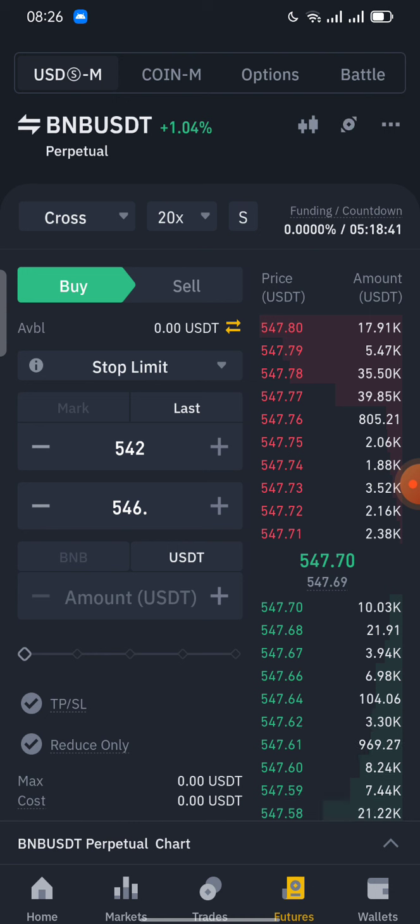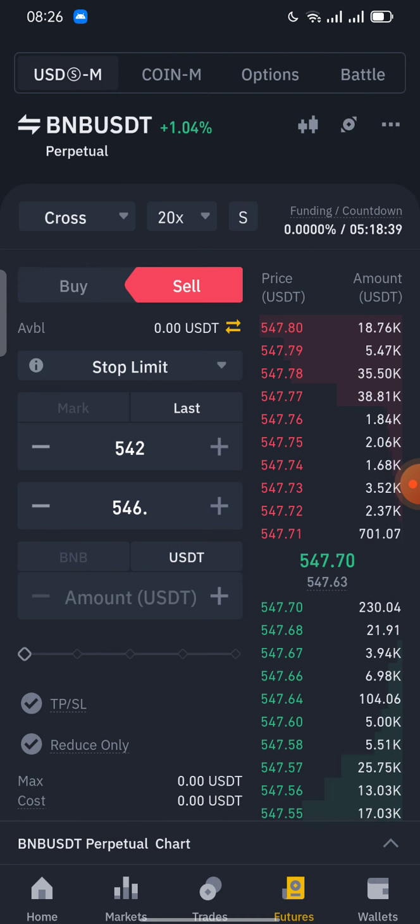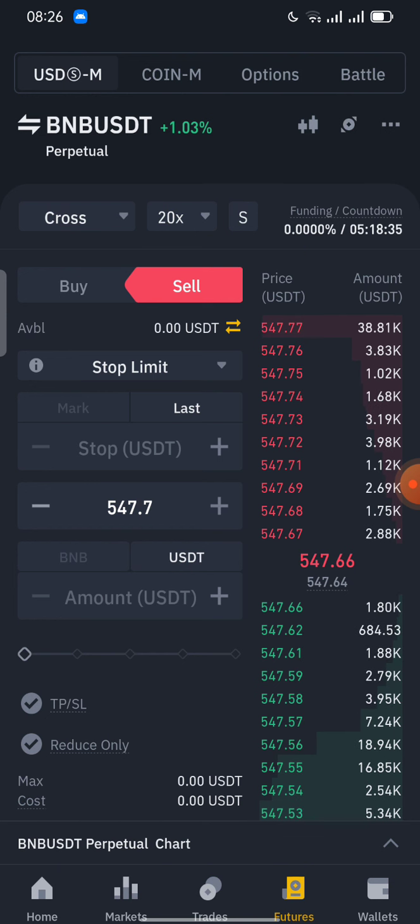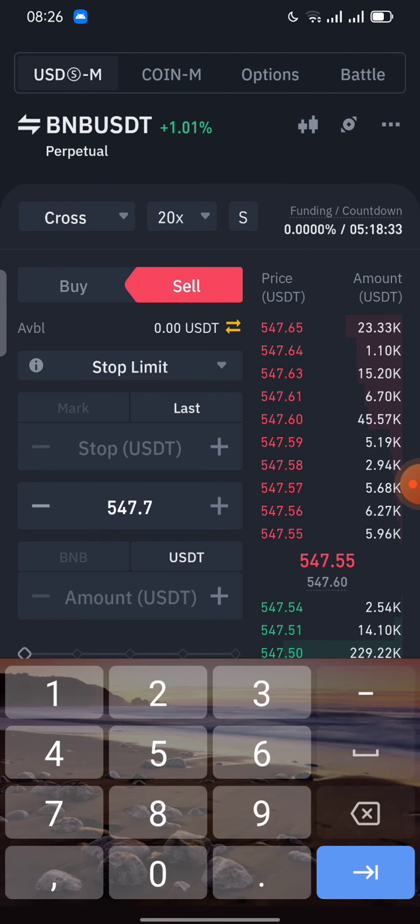And now you want to sell at that price, so sell is also the same, you can put stop limit. So how much do you want to sell at? Of course you want to sell at a higher price, right? To get profit you must sell at a higher price. Suppose it's 547 here, so you can put 550 over here.